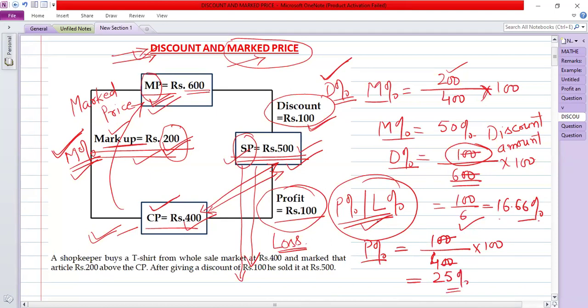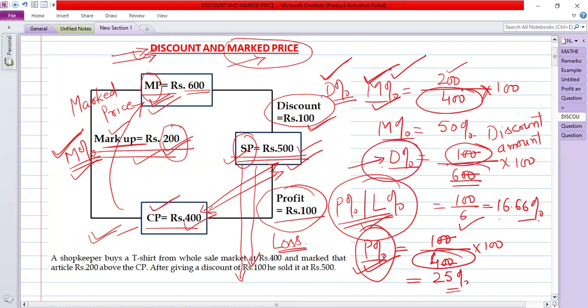So this M percentage, the markup percentage, and profit percent or loss percent, these two are always calculated upon CP, the cost price. And this discount percentage is always calculated on MP, the marked price.